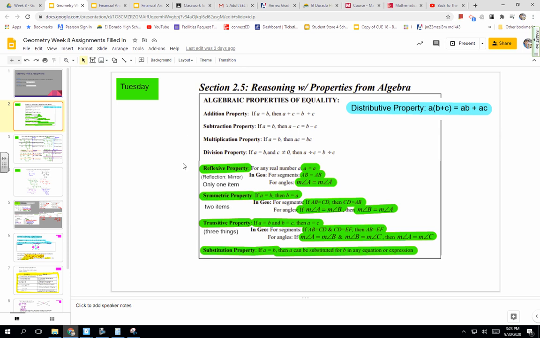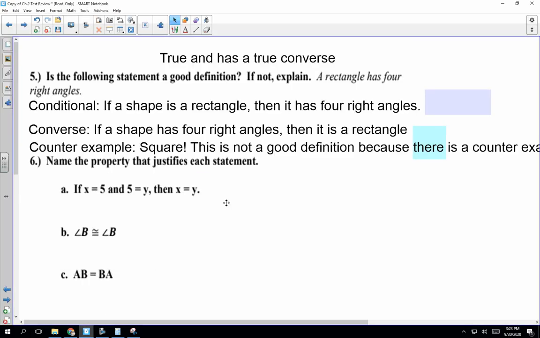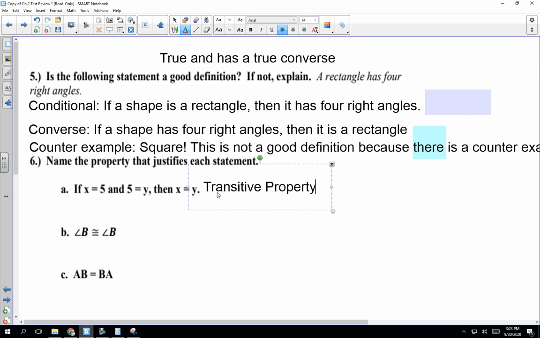So here's our notes on our properties from 2.5. And the one with 3 items is the transitive property.